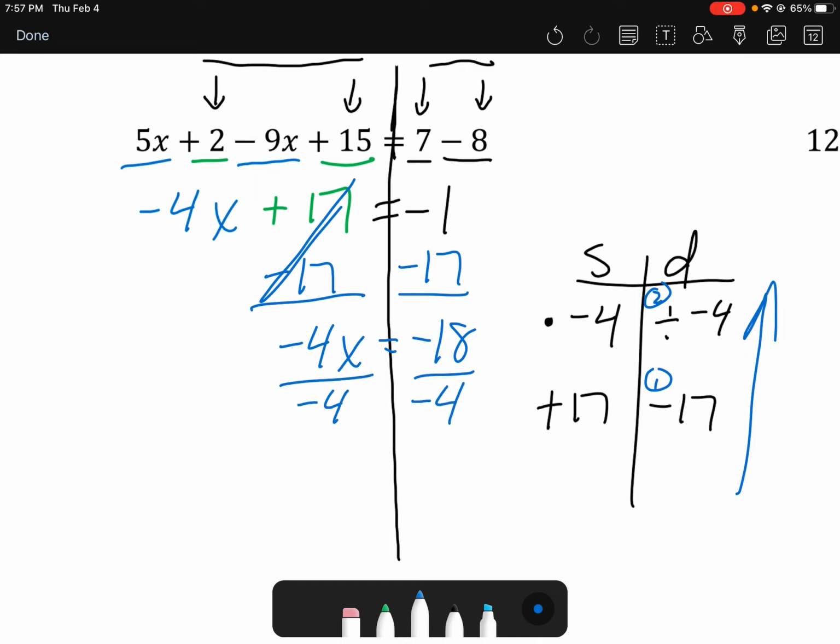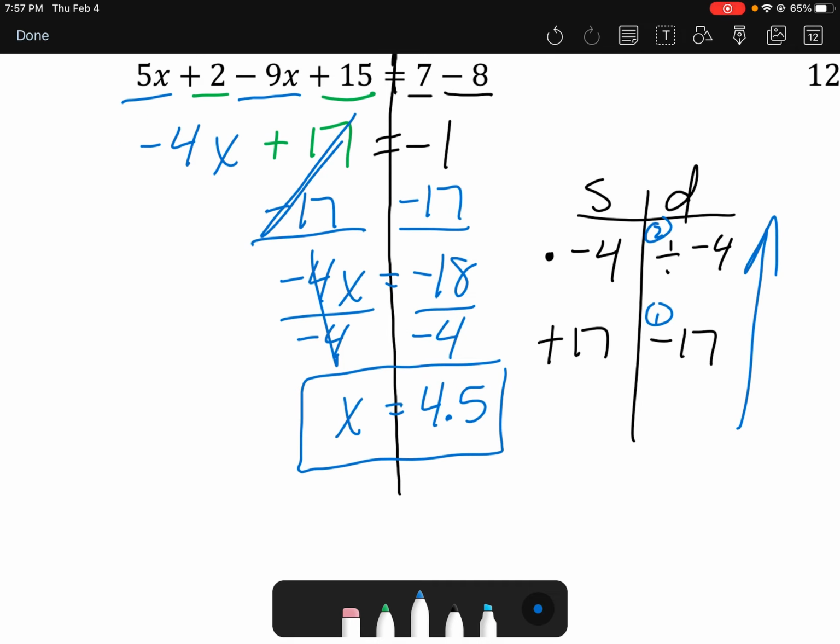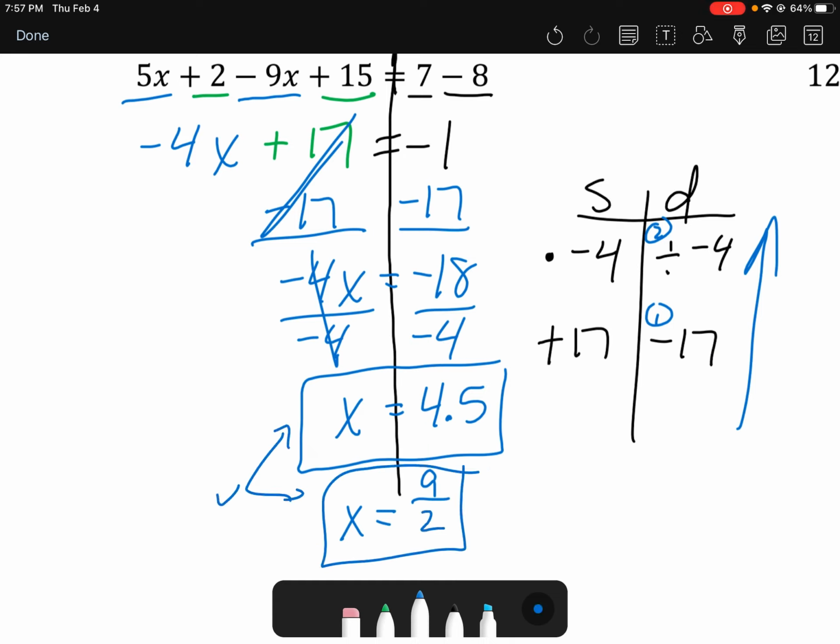So I will divide both sides by -4. X would equal -18 divided by -4, or 4.5. We get a decimal for that one. You could have also left it as a fraction, and you could have got that x is equal to 9/2. Both are okay. Whichever one you prefer.